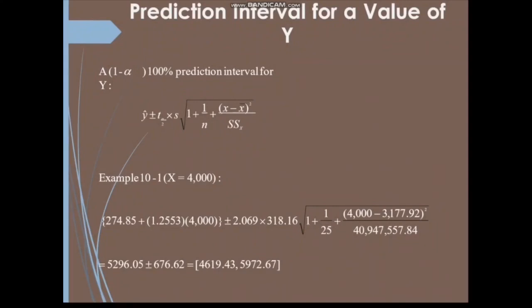And then we will discuss the prediction interval for a value of y. The 1 minus alpha 100% prediction interval for y is y hat plus minus t alpha over 2 times s, times the square root of 1 plus 1 over n plus x minus x bar squared over Sxx.